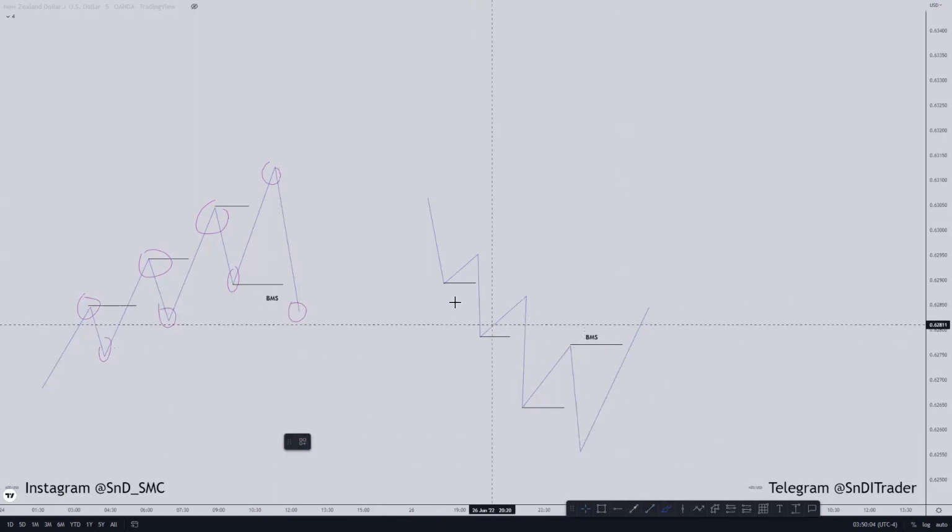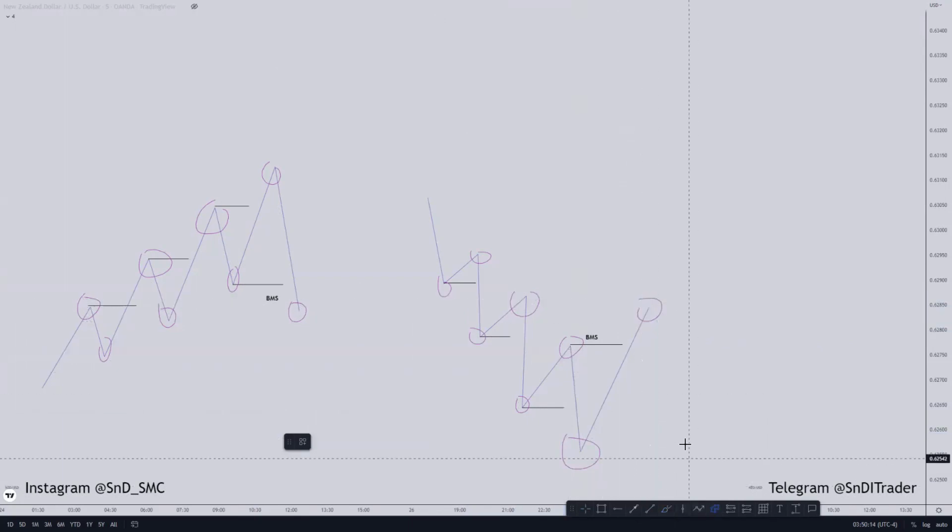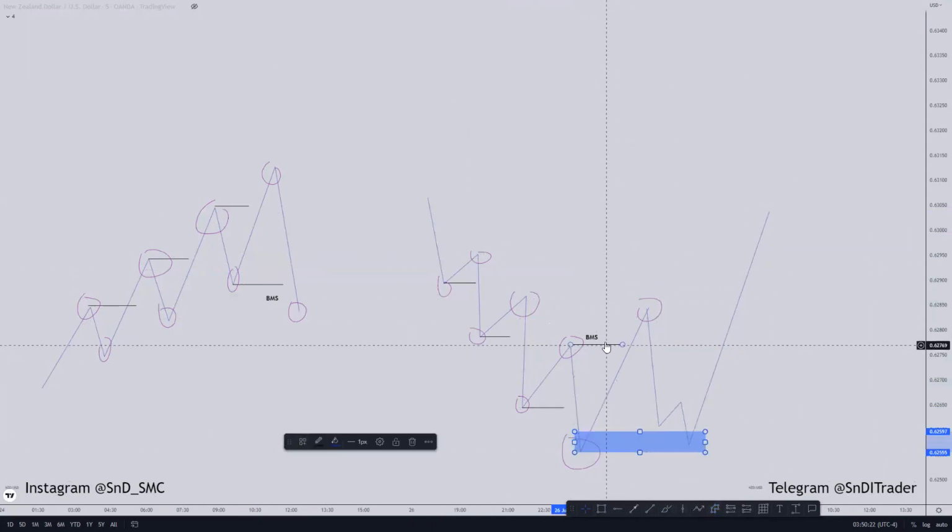So you see lower low, lower high, lower low, lower high, lower low, and this will be a higher high. You will probably be looking for buys around here, targeting all those liquidities. Your entry will be here just after the BMS.